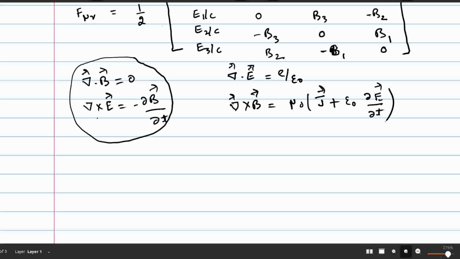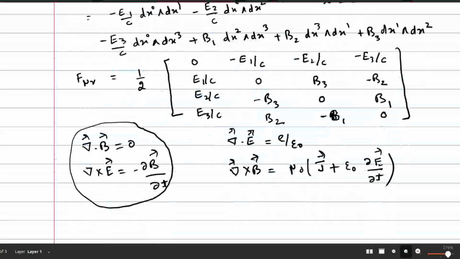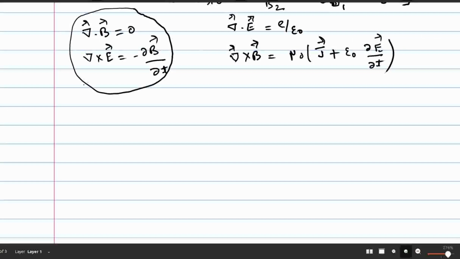And similarly, E can be expressed as minus gradient of phi and minus derivative of A. So both of these two equations are identities, and in terms of these differential forms, these two equations can be summarized as dF equals 0.